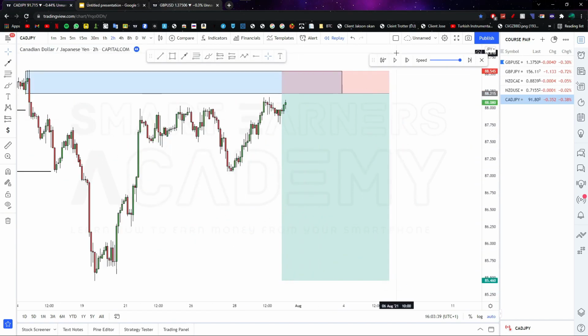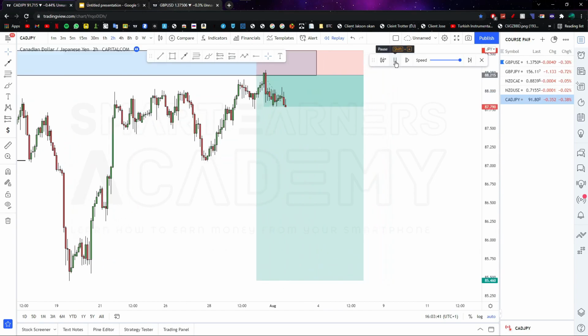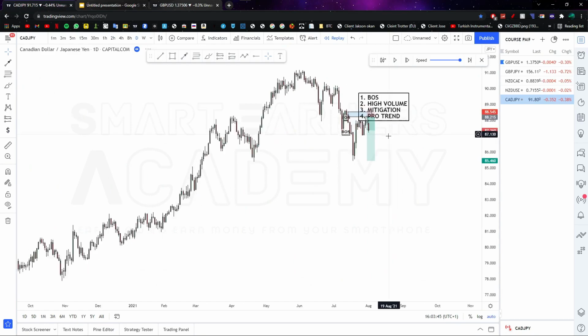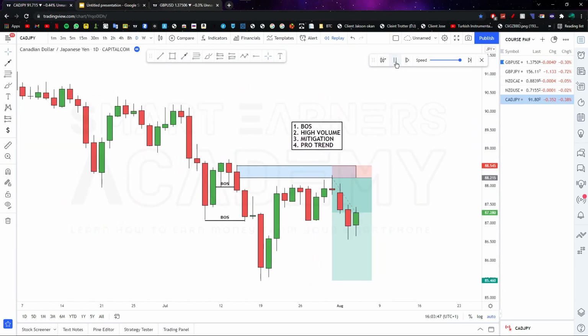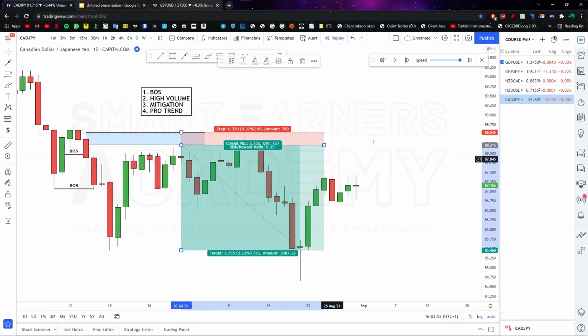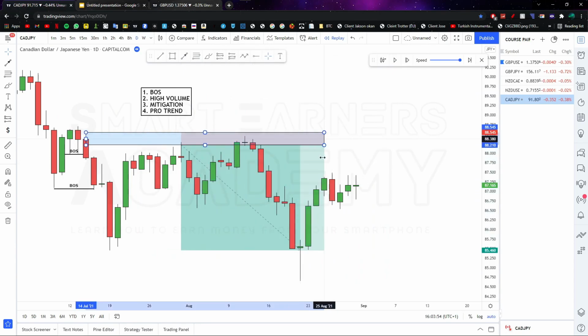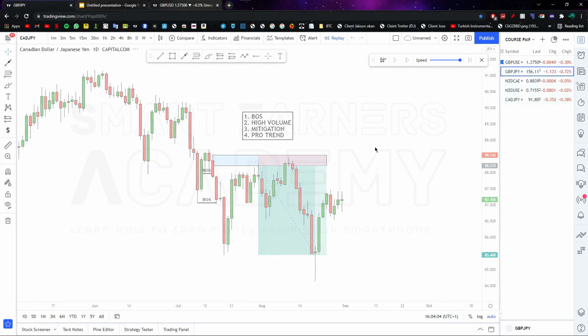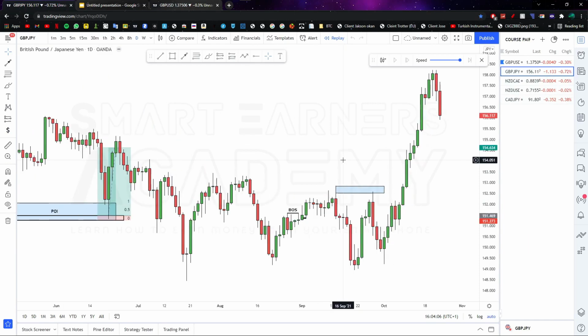But just to show you, price will mitigate it and then it will go and do its thing. If I show you that on the daily time frame, just to speed things up, eventually we hit take profit. So that's essentially what an order block is in terms of the order block rules, and that's the sell order block example. Now we're going to go over the buy order block example, which I will quickly bring here.